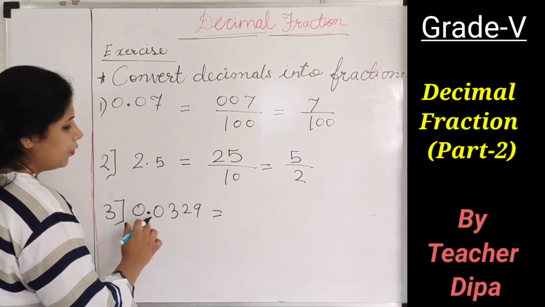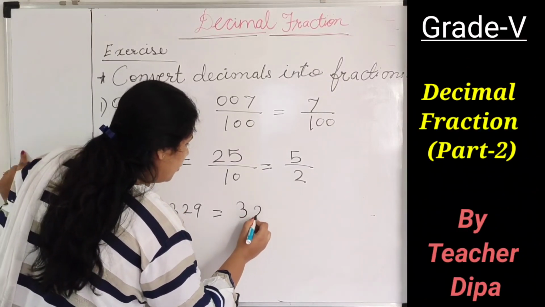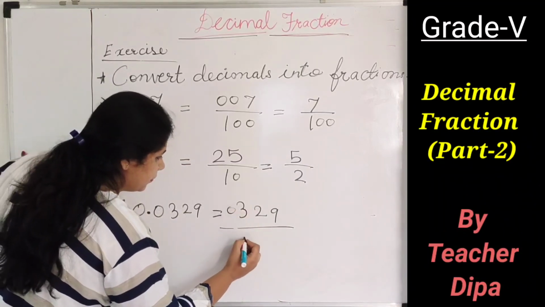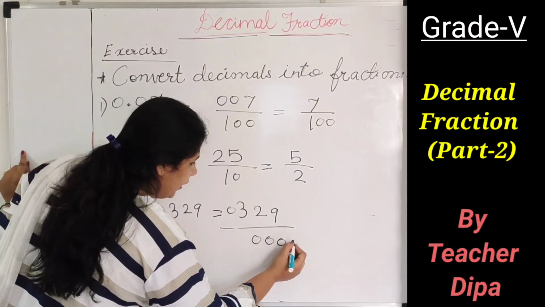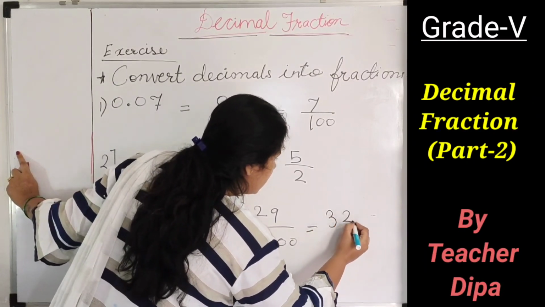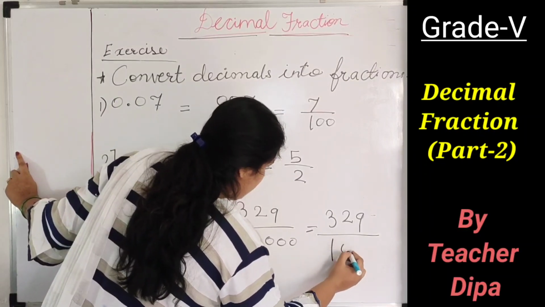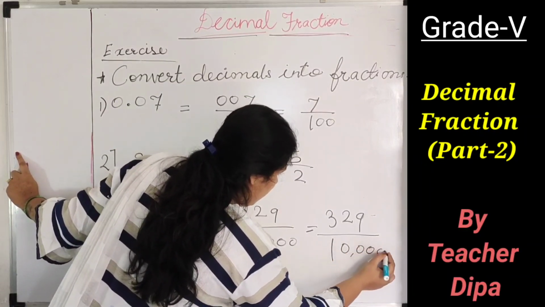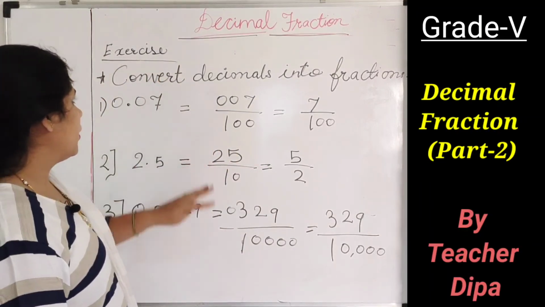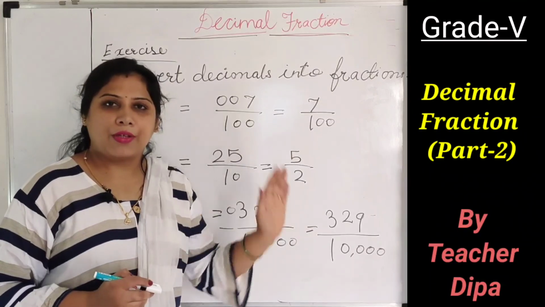I have to take 4 zeros below the number, that is 329 will be as it is, and I am taking 1 and 4 zeros. So what answer I am getting, that is 329 divided by 10,000. So this is the conversion of decimal into its fraction form.